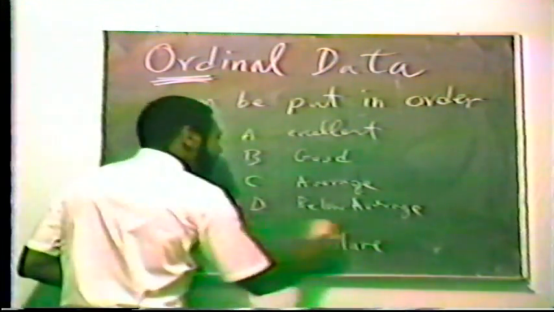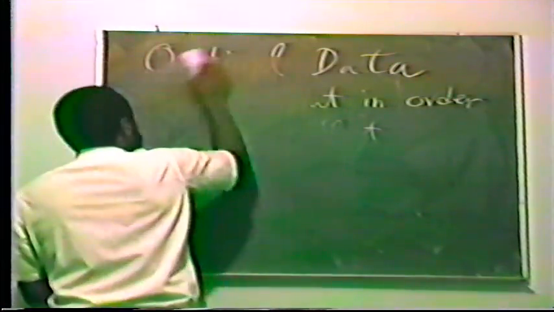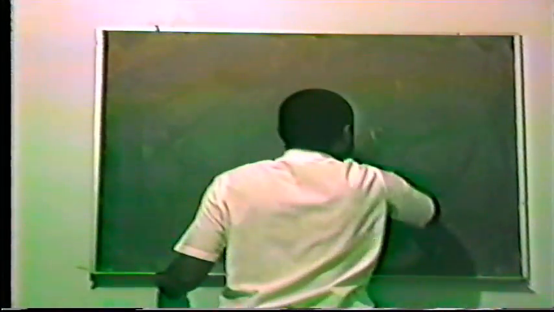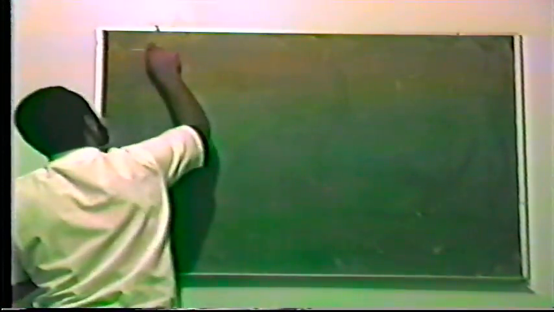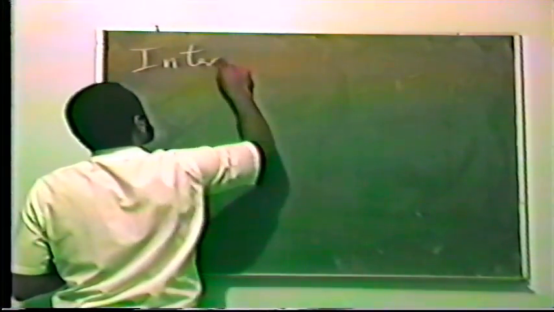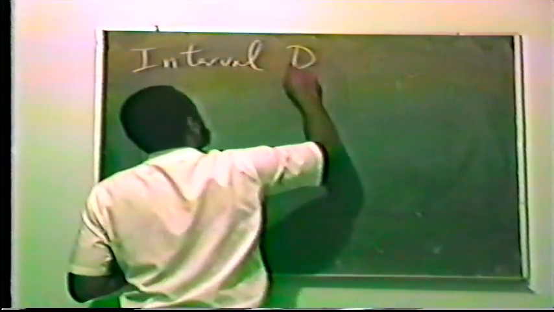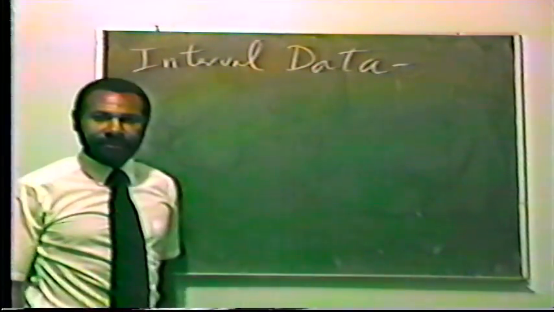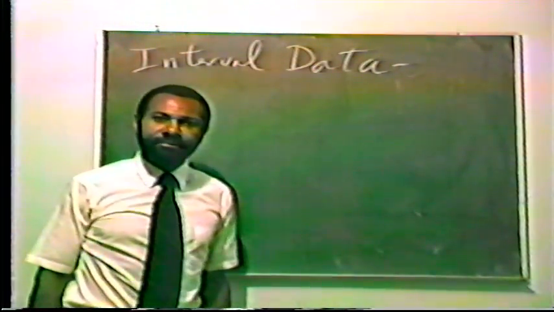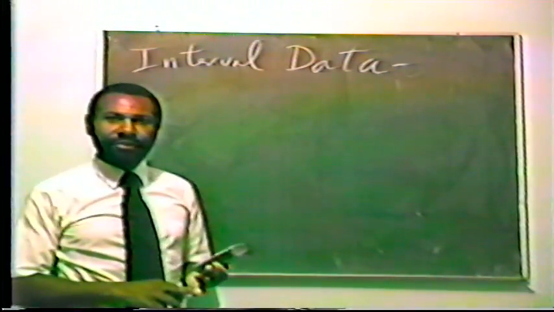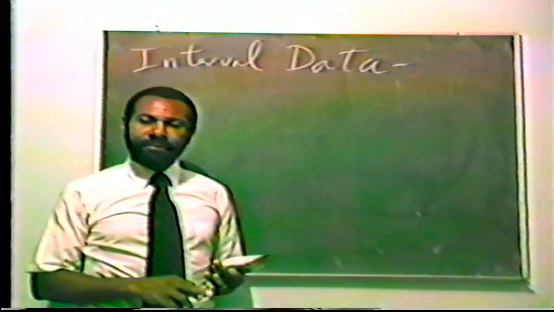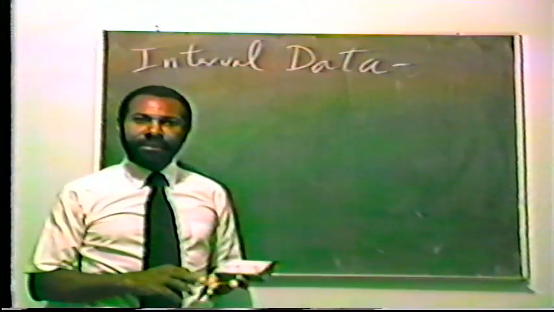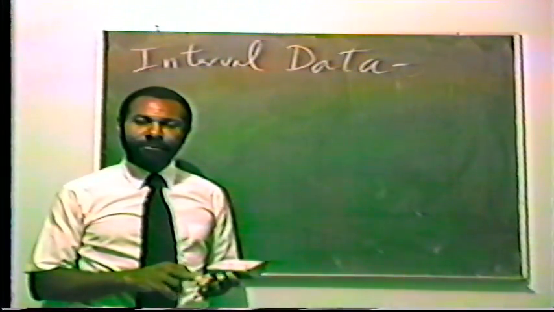Now, the next higher level of data is what we refer to as interval data. Interval data. And interval data satisfies the two previously mentioned types of data. Interval data, we can put in order.